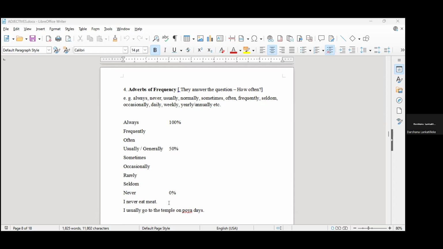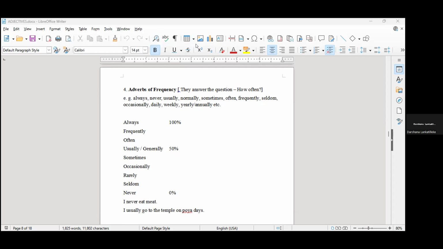So look at the examples. I never eat meat. I never drink tea. So like that, we can use these frequency adverbs. Then, I usually go to temple on Poy days. Usually means as a habit.